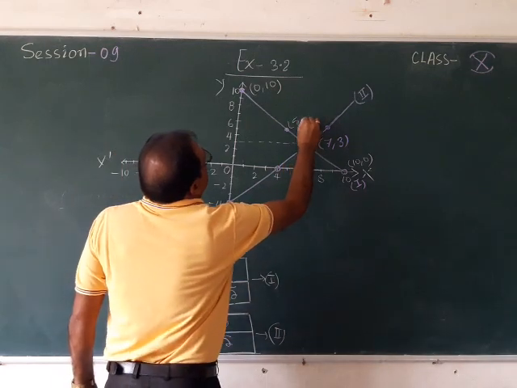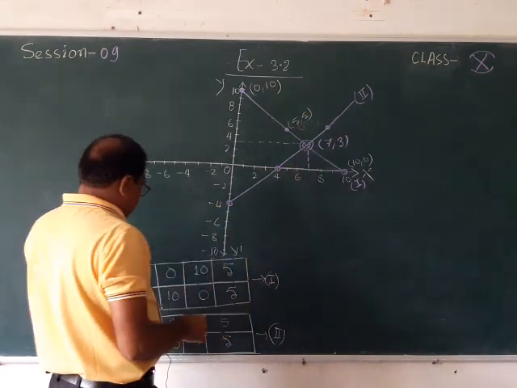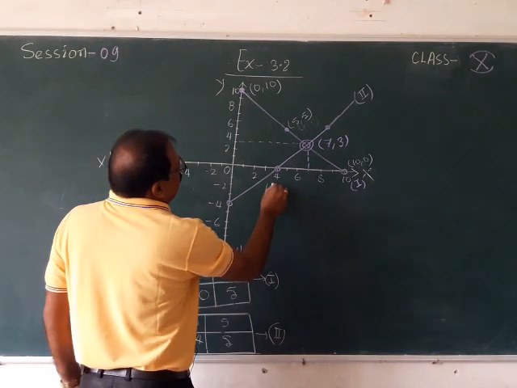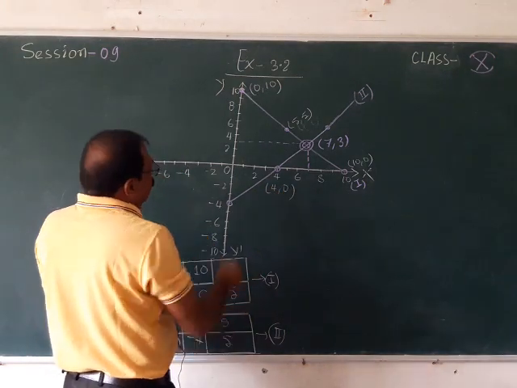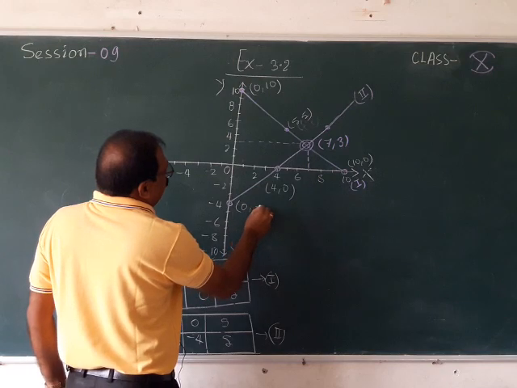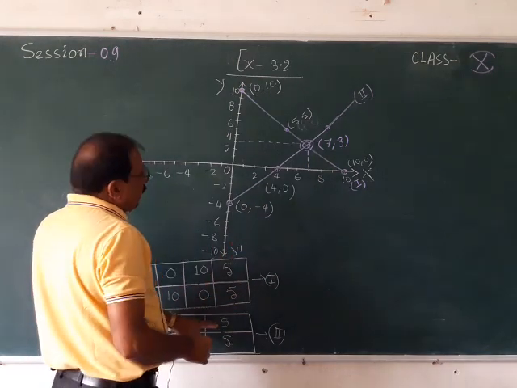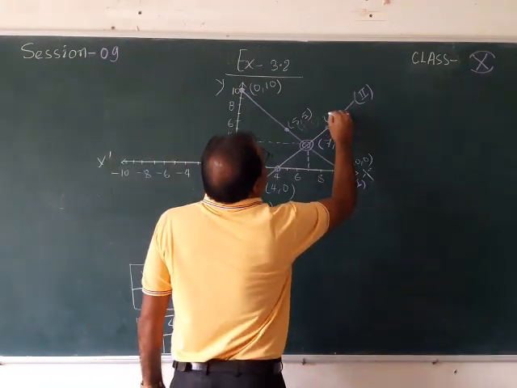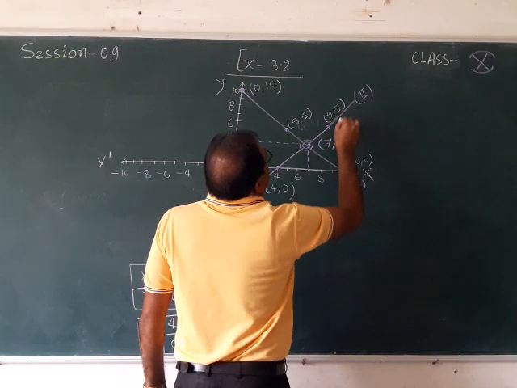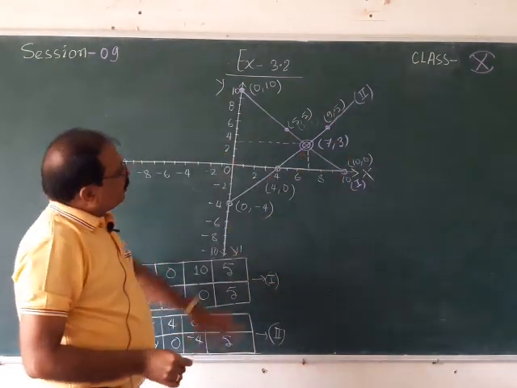So this point is 5 and 5. Then for the second, 4 comma 0, 0 comma minus 4, then 9 comma 5. So this point is 9 comma 5, and ultimately you get the solution.